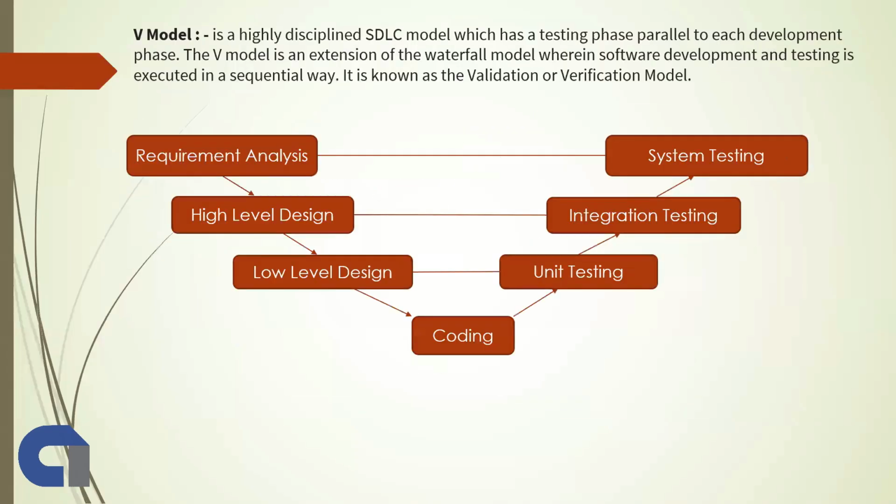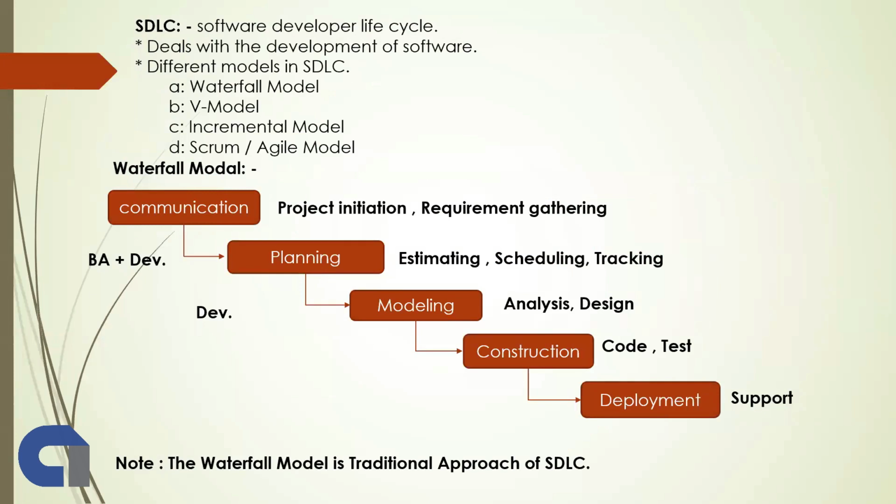We have seen the incremental V model and the SDLC life cycles, what SDLC stands for, and the steps in the waterfall model. We started with project initiation and requirement gathering, then the second stage was planning, which consists of estimating, scheduling, and tracking. The third stage was modeling and construction, and the last one was deployment.